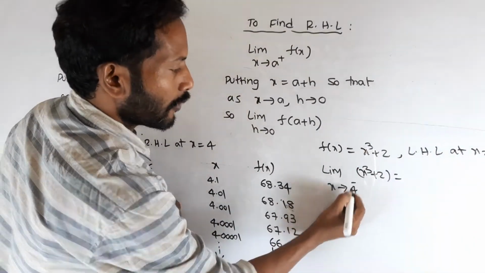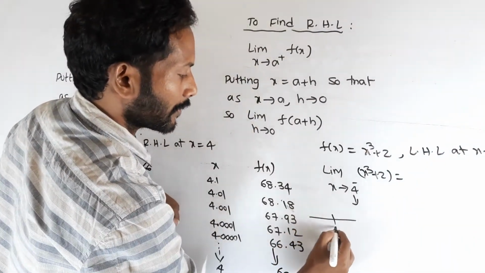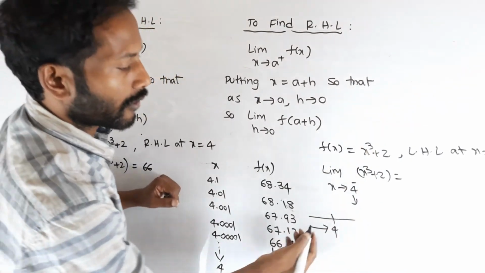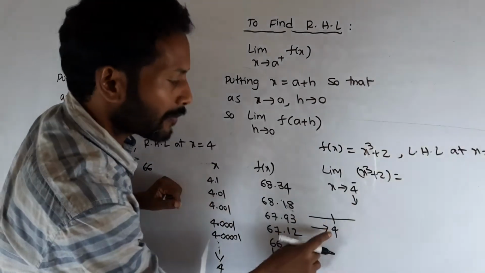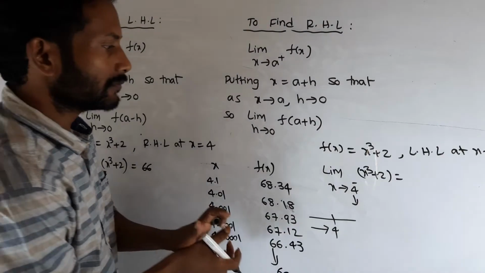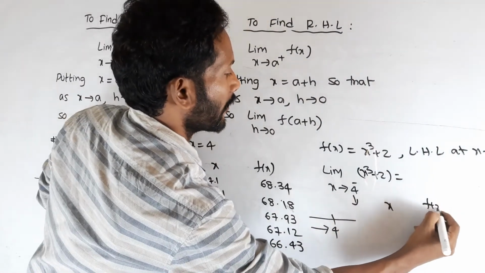So this one is 4 minus on the number line. This direction is called left hand side. So 4 minus means 3.9, 3.99, 3.999 and so on. Here x and f of x.